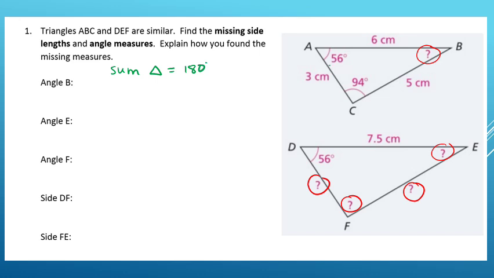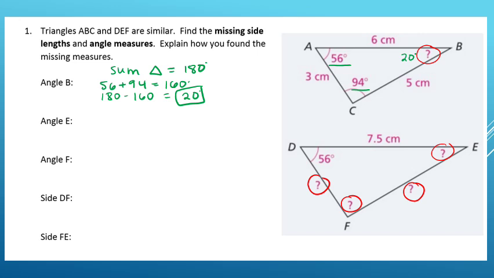So we have one angle here that's 56, another angle that's 94, and if I add those together, I get a sum of 160. So that means this missing angle has to be that extra piece to make the whole angle sum equal 180. And so 180 minus 160 would be 20 degrees. So angle B needs to be 20 degrees.